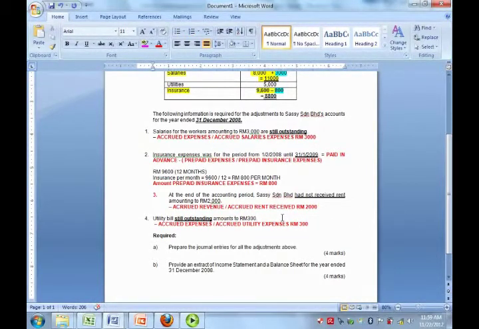So in this case of accrued, what you have to do in your income statement? Yes, you need to plus with 300. Actually, your real amount of your utilities is, yes, correct. It is 5,300. So where do you want to put your utilities?